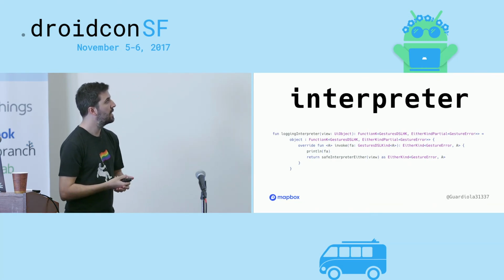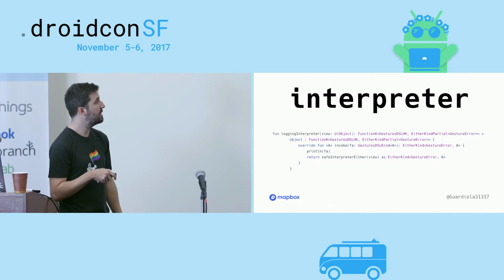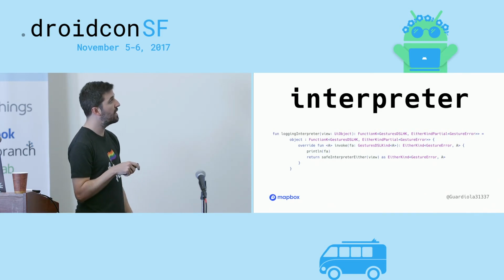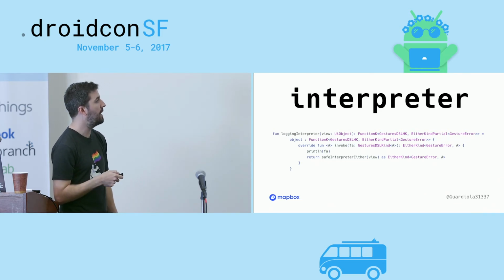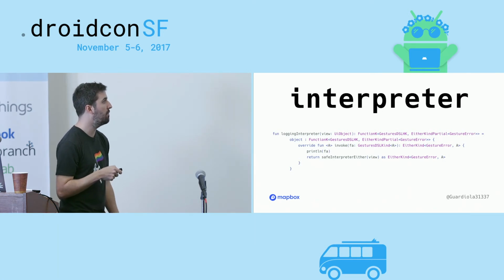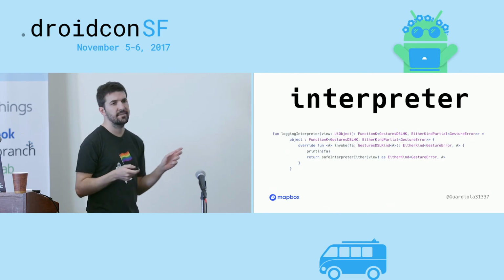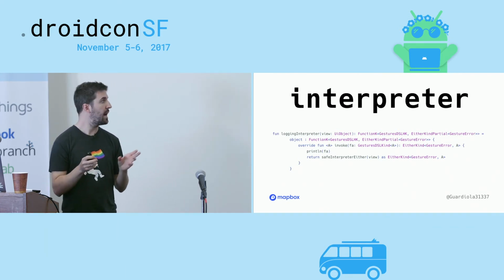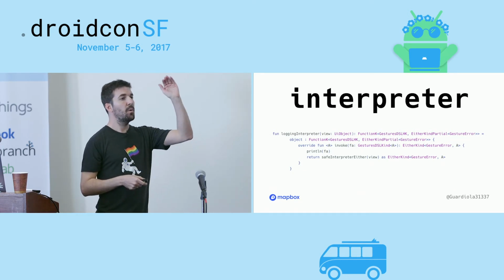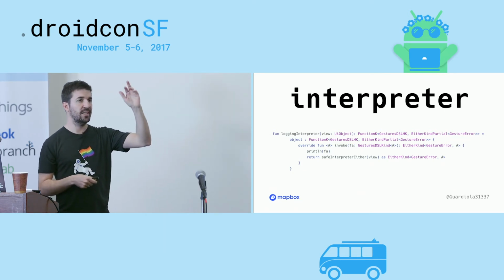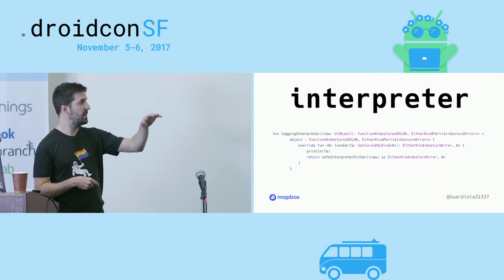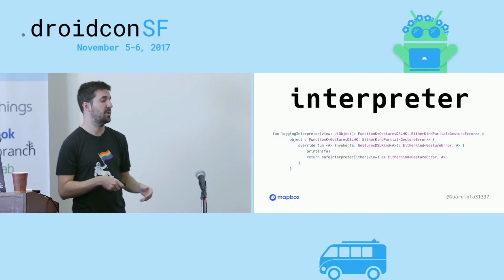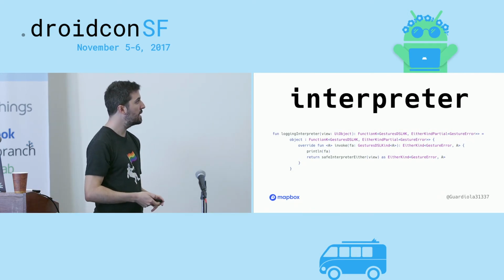In this case, I added the logging capability, and then I also use another interpreter, which is a fail-fast approach. So whenever you reach an action which fails, it will stop the execution of the following ones.